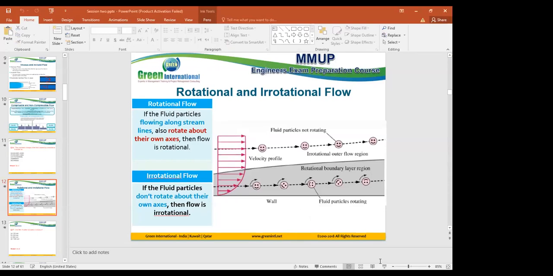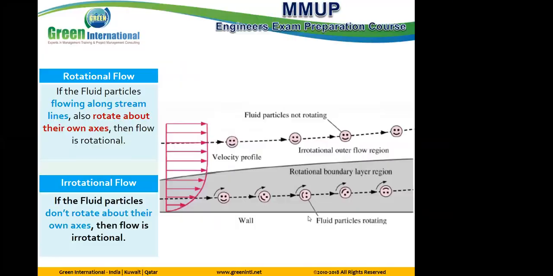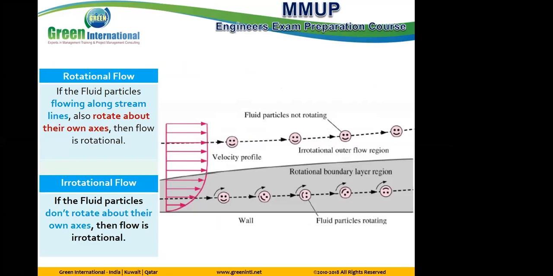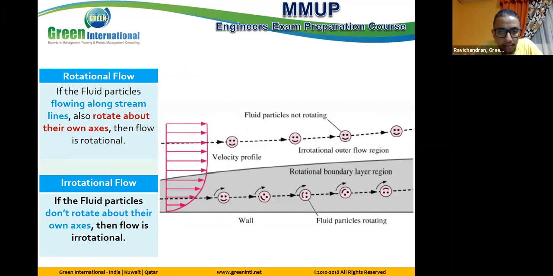I have a question. Can turbulence and rotational flow exist at the same time? Turbulent and rotational, or turbulent and irrotational? I think both can happen together: turbulent with rotational, and turbulent with irrotational.